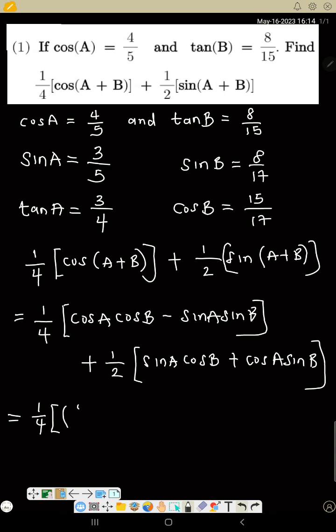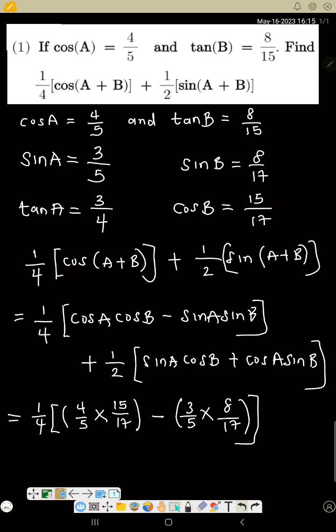So that will be 4 over 5 times cos B. Cos B is 15 over 17, minus sine A, that's 3 over 5, times sine B. Sine B is 8 over 17. So that's the first one.